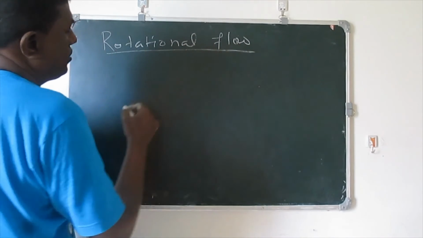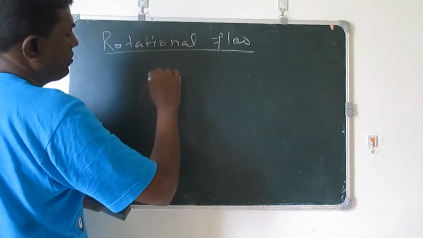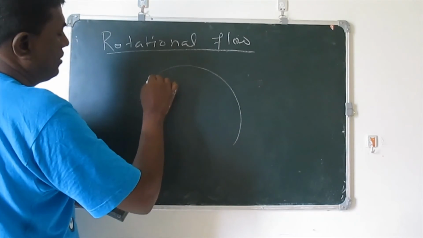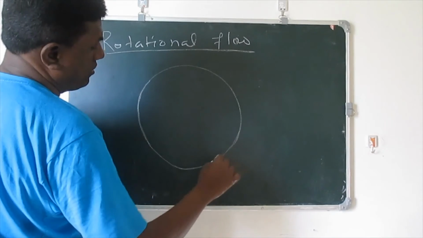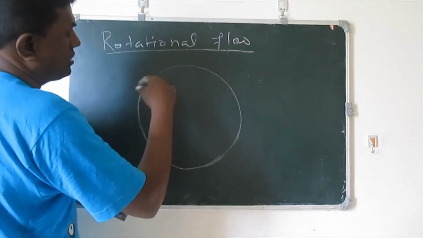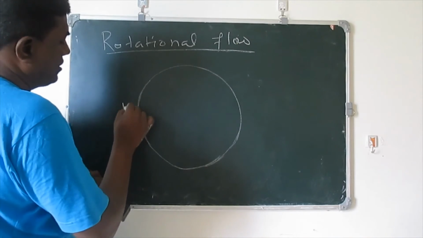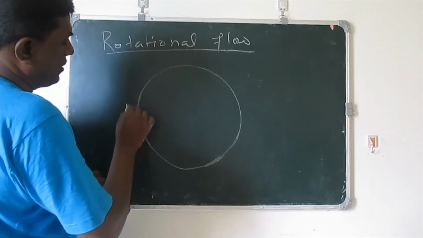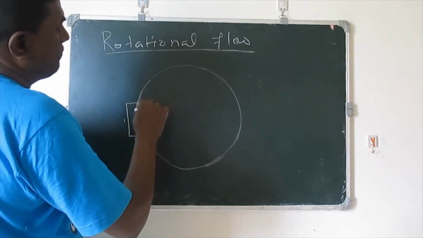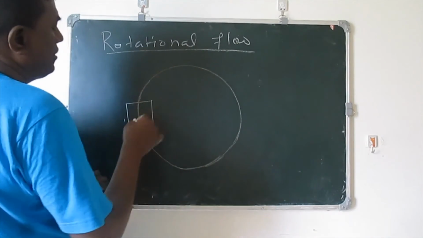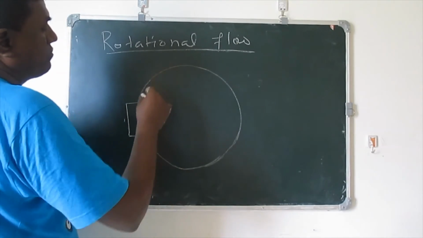Rotational flow is nothing but, suppose if the fluid particles revolve around the streamline, that means in the circular streamline, then let's say we have one kind of fluid particle. When it is coming here, the orientation of the fluid particle will be changing.